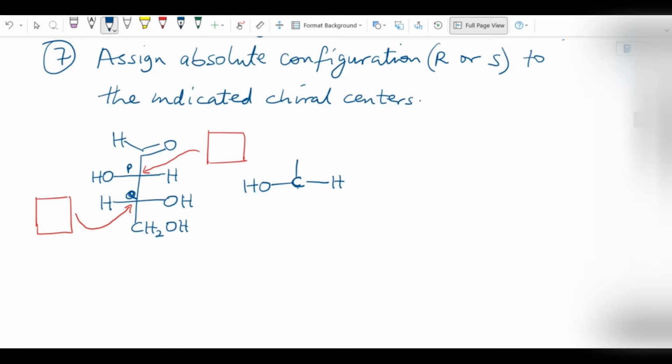Then we have carbon Q. This is Q here, this is P here. Then this has OH, and this has a hydrogen. Then we have carbon with 2 hydrogen atoms that is joined to OH group.